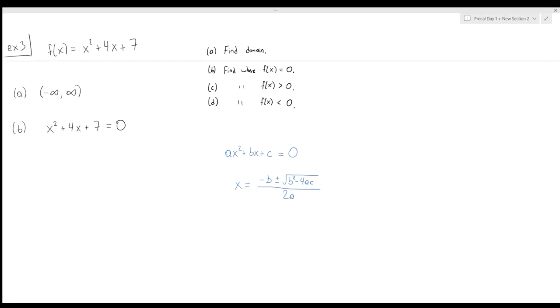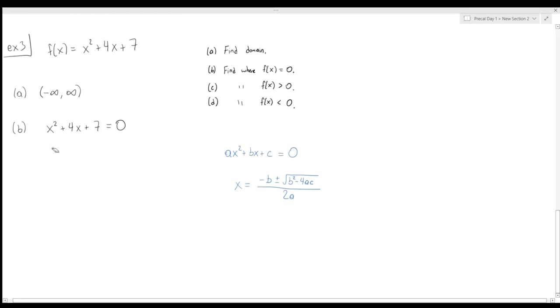Most of the time in your calculus courses, your polynomials will work out nicely enough that you can factor them. But I wouldn't count out the possibility of needing to use the quadratic formula every once in a while. So just want to make sure that we remember it.